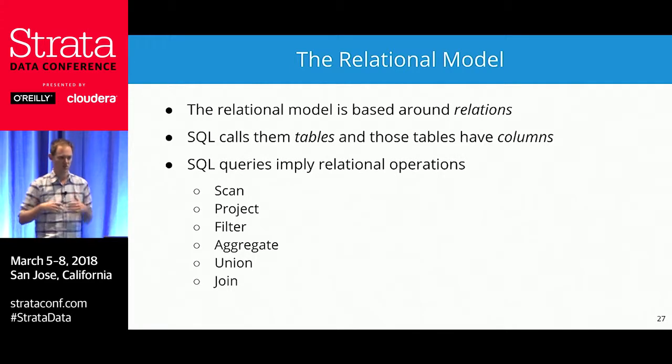And so if you select just a couple columns, that's a project. Filter, where you have a where clause in your SQL. You're filtering based on some predicate. Aggregate, we're doing some kind of group by. Union, you're taking two relations and putting them together, just side by side. Join, you're taking two relations and not putting them side by side, but you're joining them on some key or some predicate. So these are the building blocks of the relational model and of the SQL language.